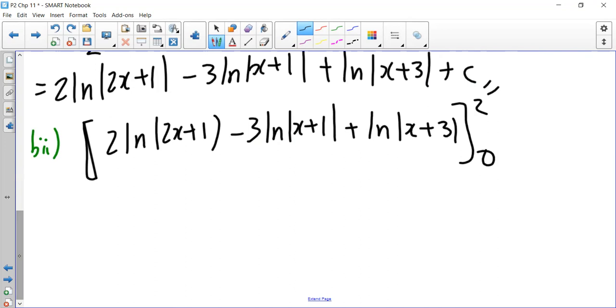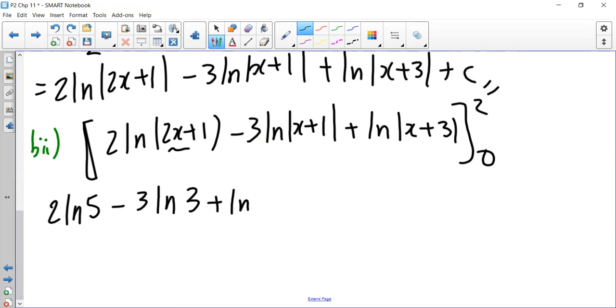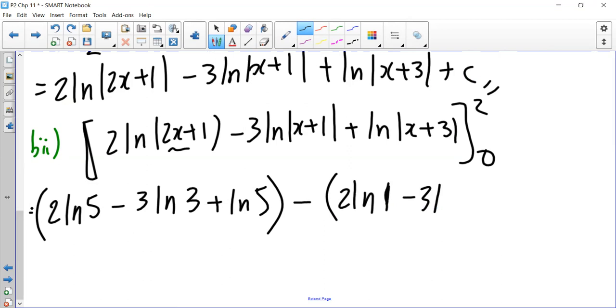We get 2 ln of 2 times 2 plus 1, which is 5, minus 3 ln of 2 plus 1, which is 3, plus ln 5. Then, in brackets, minus, put a 0 in. When I sub in 0, 2 ln of 2 times 0 plus 1 is 1, minus 3 times ln 1, plus ln of 0 plus 3, which is 3. ln 1 is 0, so that's gone.